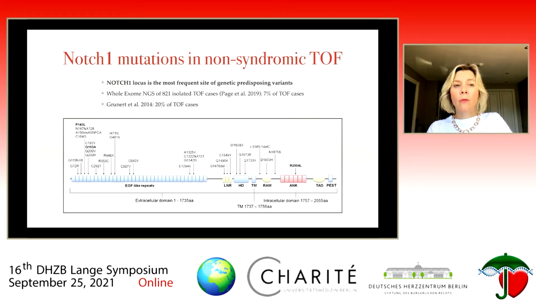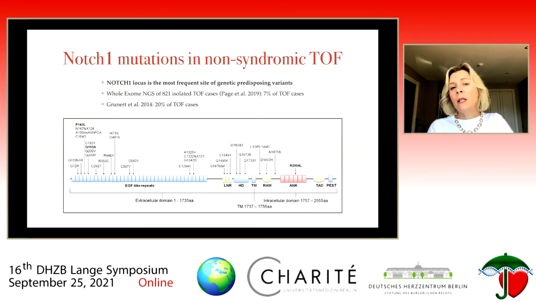And what we defined at that time was luckily also confirmed in studies which had been far more widened and followed. So just 2 years ago, there was a big whole exome next generation sequencing study where they used 820 TOF cases and the whole exome. It was done by Bernard Keavney's lab, and they showed, as Mark just also pointed out, that NOTCH1 mutations are the most prominent mutations and genetic affections in non-syndromic tetralogy of Fallot. And in fact, this NOTCH1 mutation importance we had already shown in 2014.